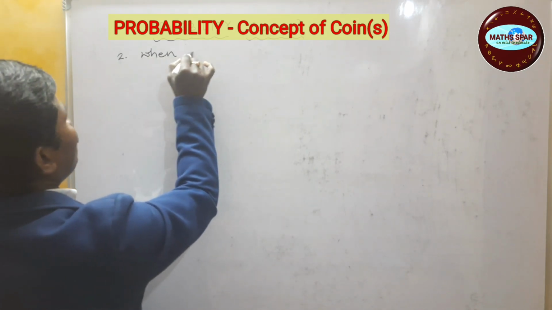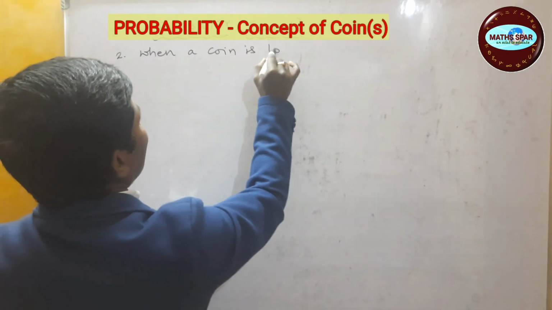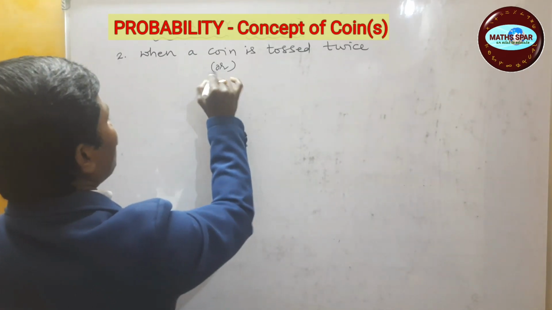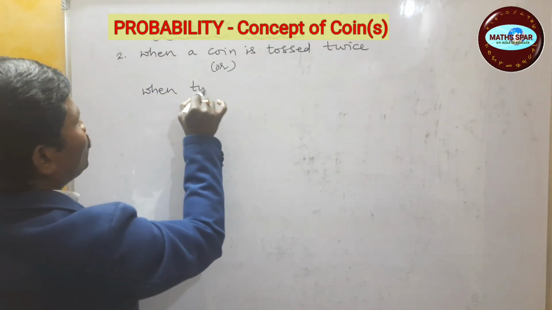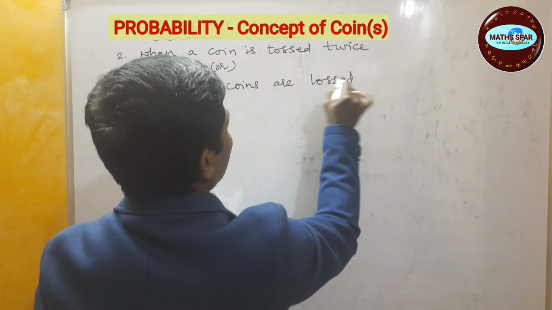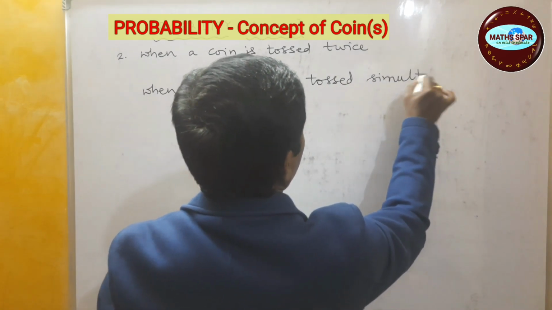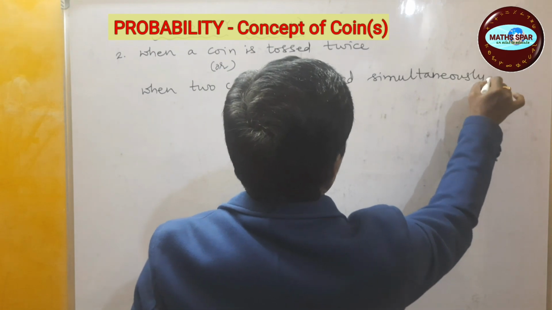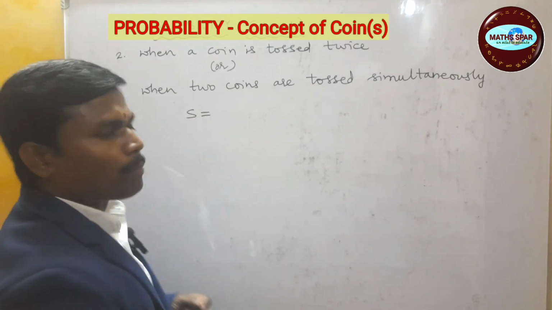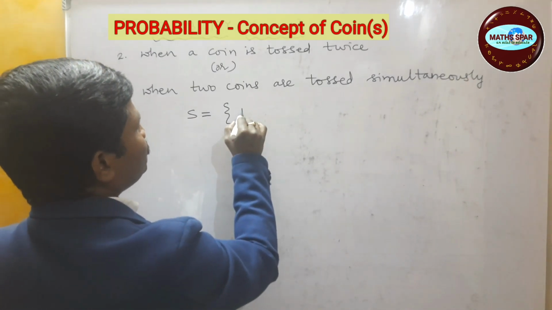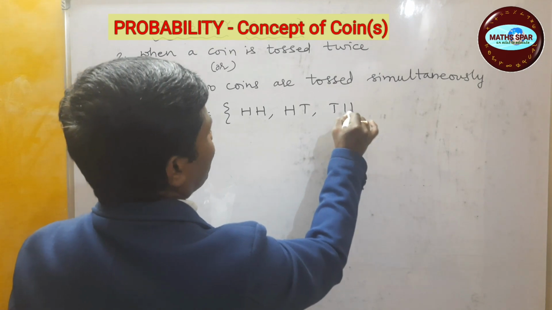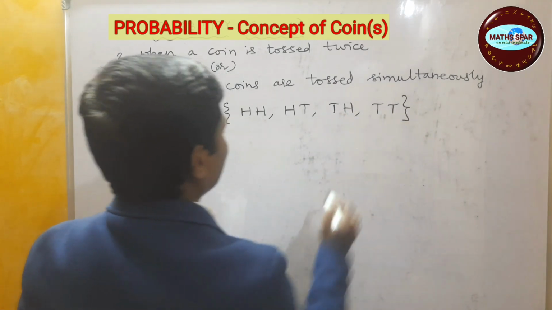When a coin is tossed twice, or when two coins are tossed simultaneously, then the sample space is head head, head tail, tail head, tail tail.